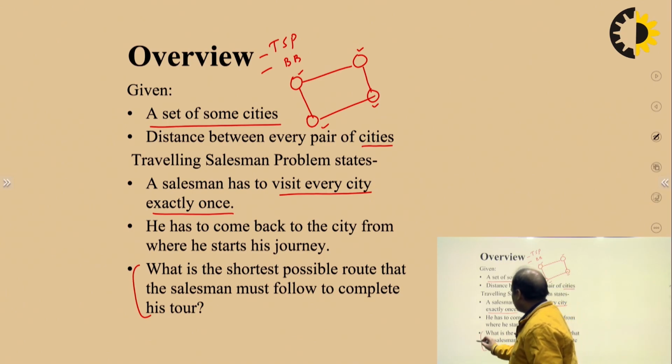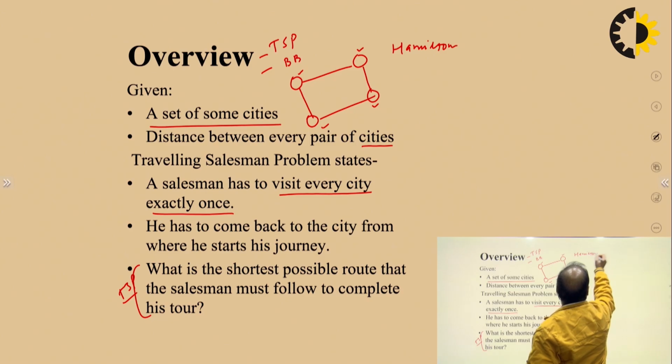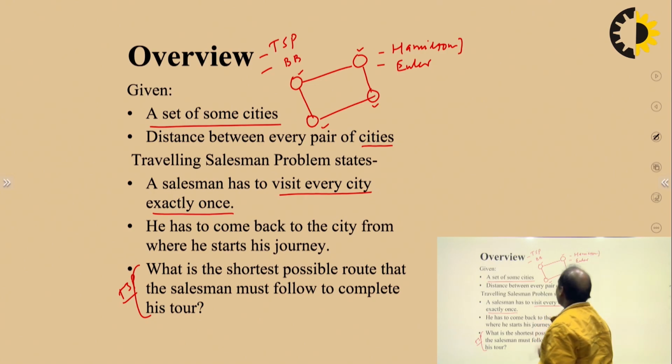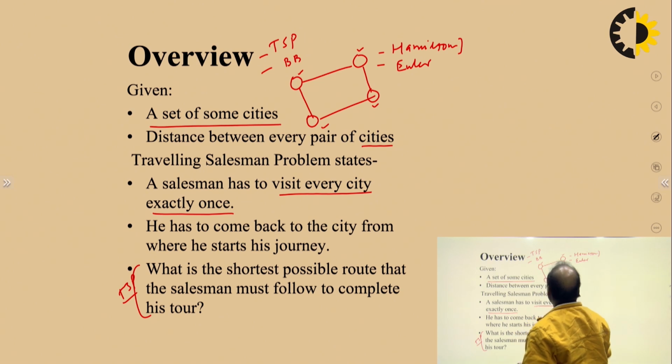You might have heard about the Hamiltonian cycle also. Let us compare Hamiltonian and Euler. A Hamiltonian cycle is not an optimization problem. It is not minimizing or maximizing, but it is the same as TSP: you have to visit every vertex exactly once and come back to the beginning.